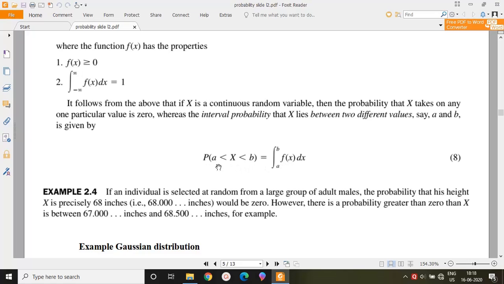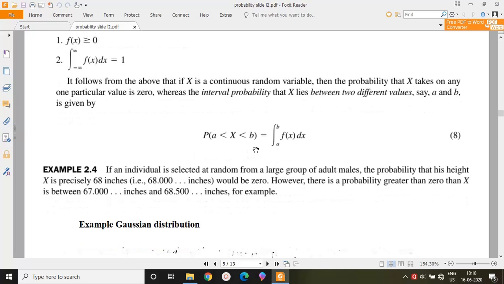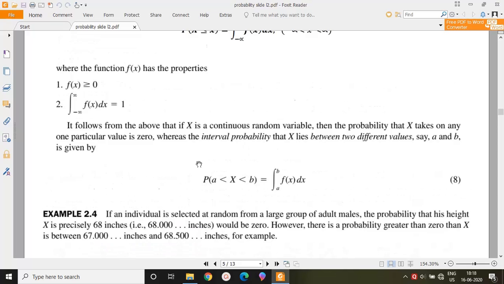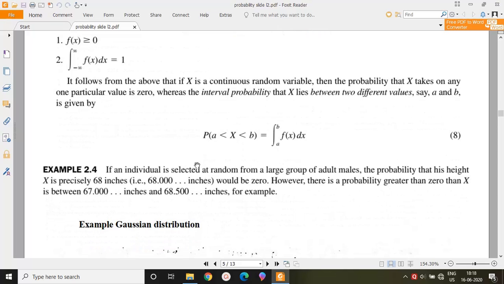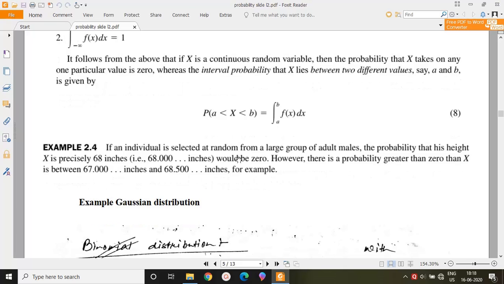Suppose you want to find the probability between a and b values of the random variable, then you just integrate from a to b of f(x) dx, and you will get the probability in that range. What is an example of a continuous probability distribution?